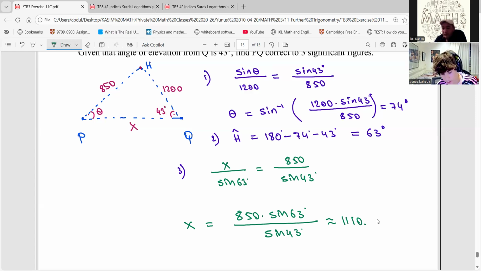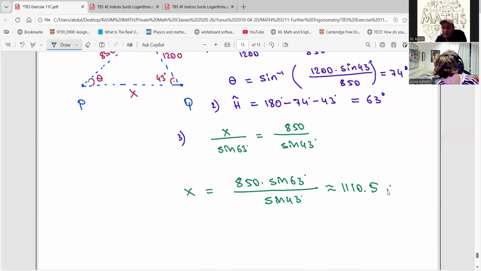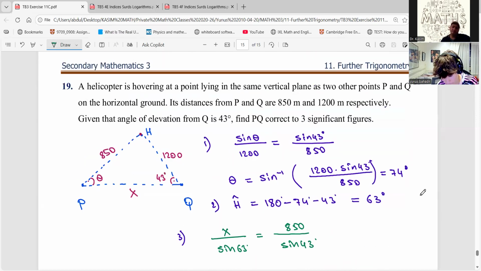Is it in kilometers or meters? Meters. Okay, that's meters.